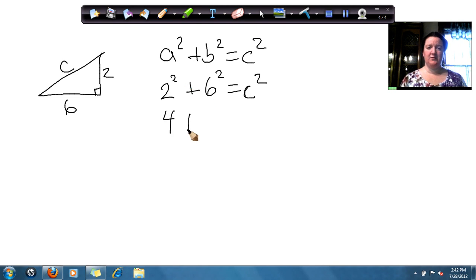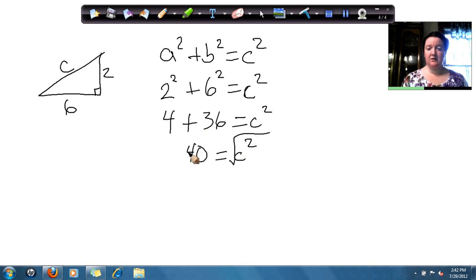That's going to give me 4 plus 36 equal c squared. So if I add those together, you're going to get 40. Now if you use your calculator, you find the square root of 40. It's going to give you approximately 6.3.